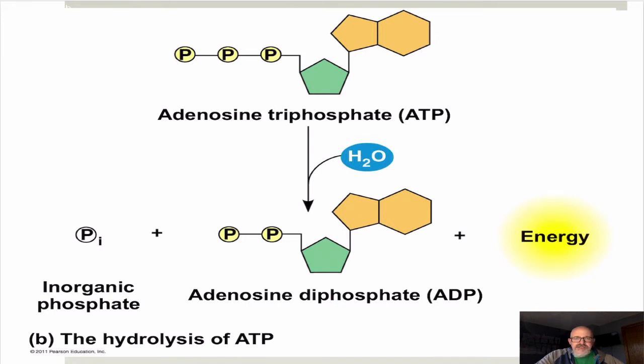So this release of energy comes from a chemical change to a state of lower free energy, not from the bonds themselves, but from changing the state of it. Often it's said that that bond contains the energy. It's kind of a generalized way to say it. But what we essentially have is ATP becoming ADP with that other phosphate, and this energy is released by the breaking of that bond and changing it to a lower state of energy.